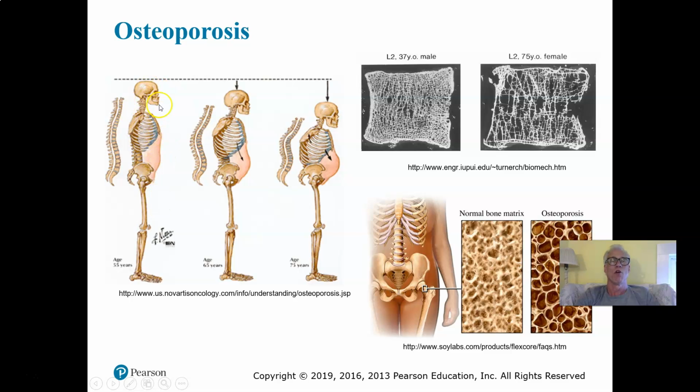Osteoporosis creates some characteristic presentations. Here's a person with normal stature and posture, and we can see that there are cervical, thoracic, lumbar, and sacral curvatures, which are normal in the spine. They arise during infant and childhood development, and as osteoporosis begins to weaken, especially the bodies of the vertebral bones, the spongy bone in the bodies of those vertebral bones sags, and the curvatures of the spine become exaggerated.